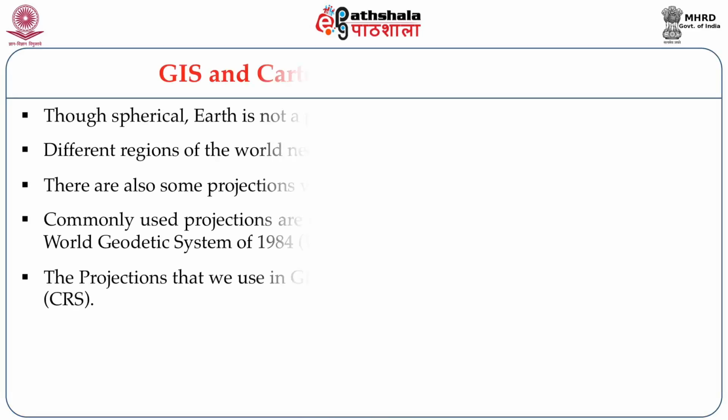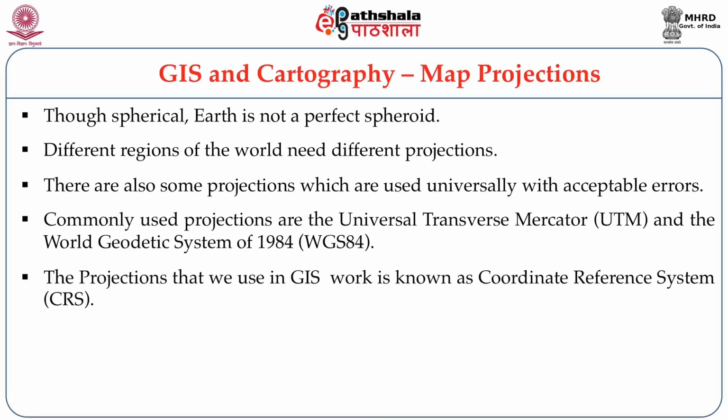The projections that we use in GIS work are usually known as the coordinate reference system. So whatever coordinate reference system we use, whether it is WGS or UTM, that is known as the CRS, coordinate reference system.